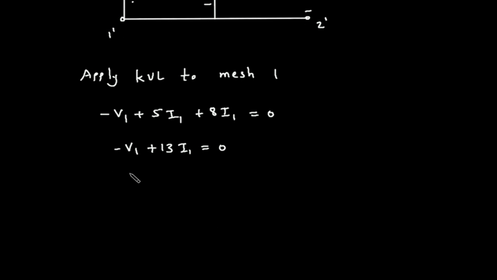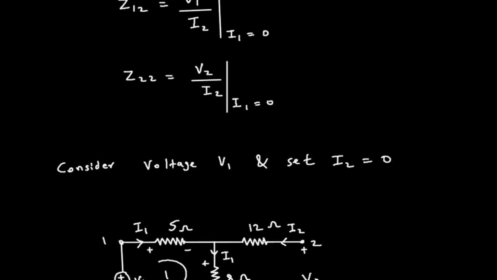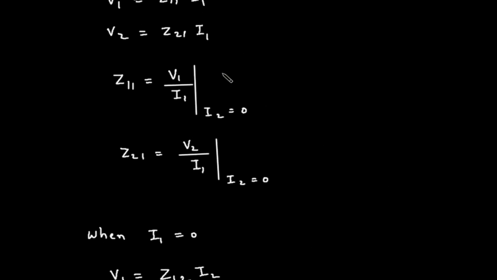So from here V1 is equal to 13 I1, or we can say V1 divided by I1 is equal to 13. Here we can see V1 by I1 is Z11. So it is a Z parameter.